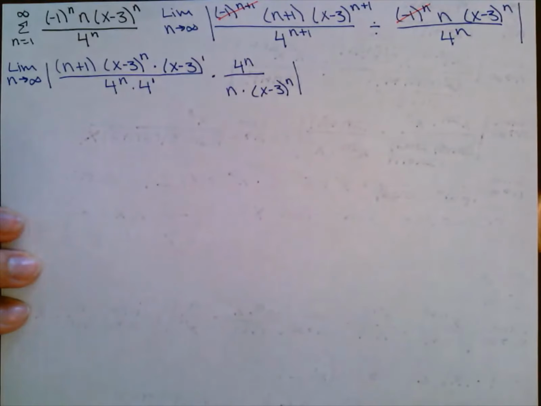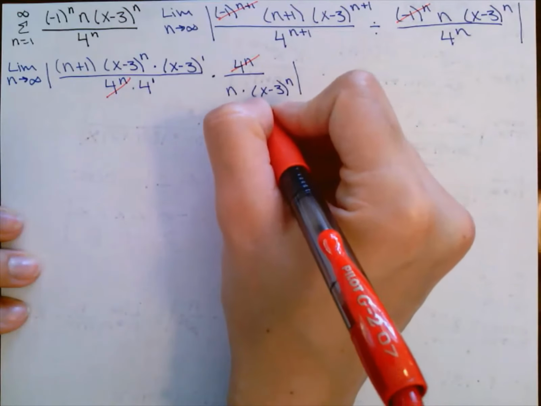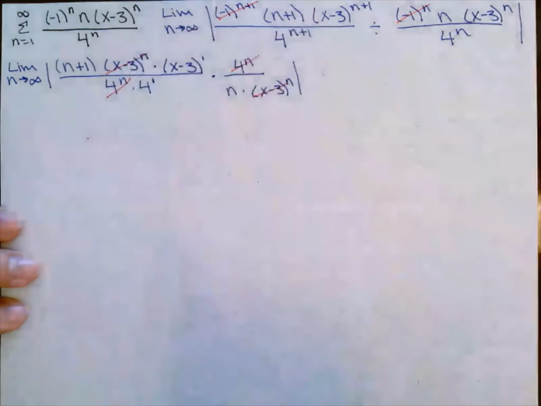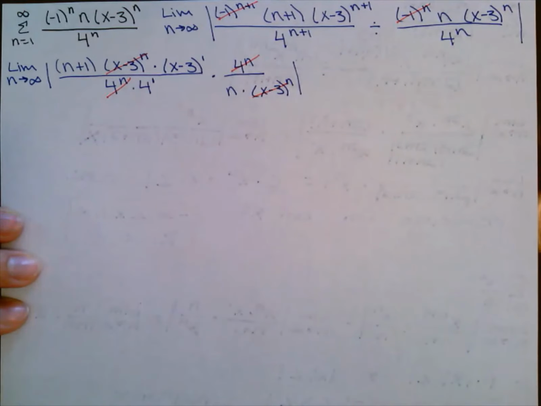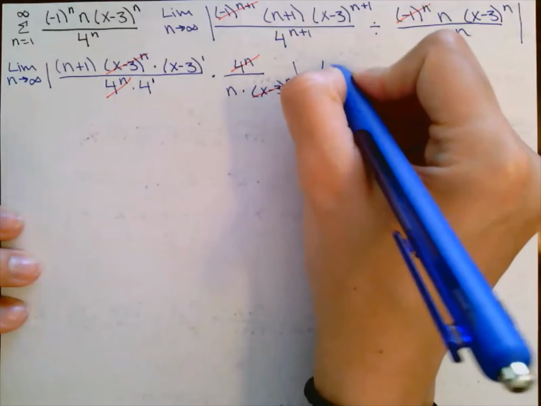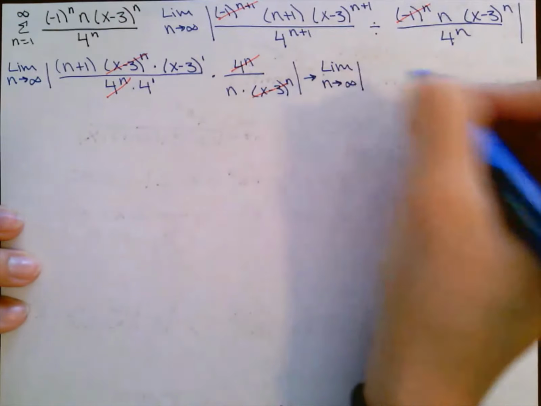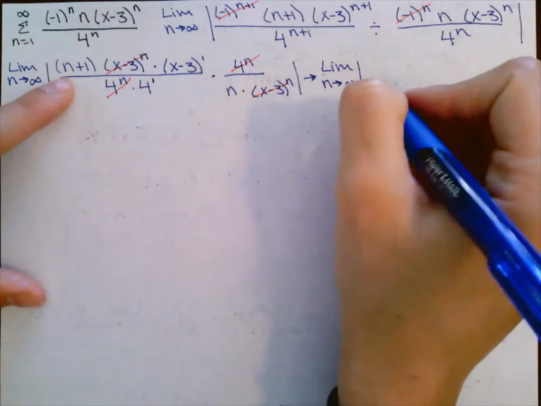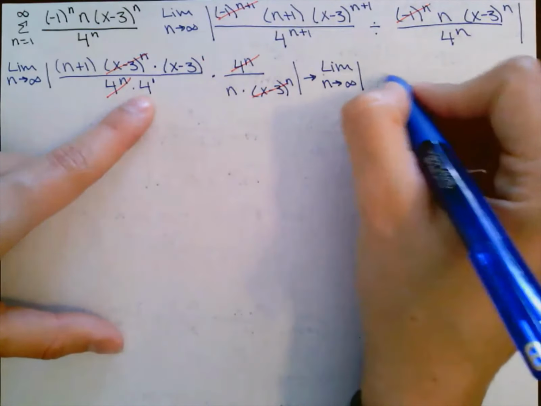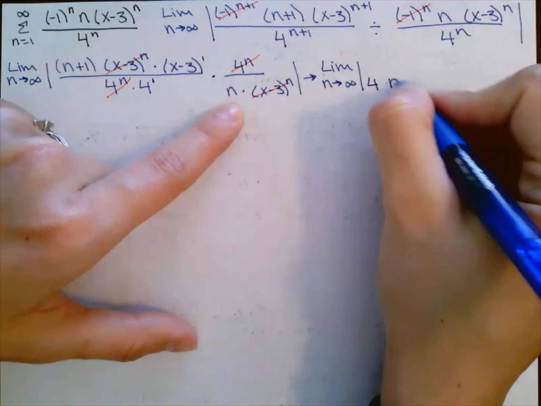Let's see what we can eliminate. I see these 4 to the n's, and I see this x minus 3 raised to the n. Okay? So I've got the limit as n approaches infinity. I'm going to write my coefficients first. I have a 4 in the denominator, and then I have an n.